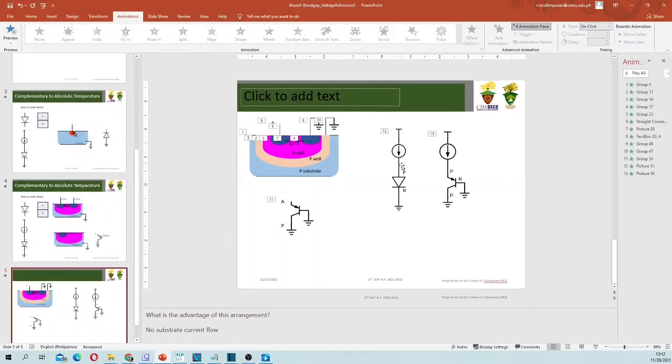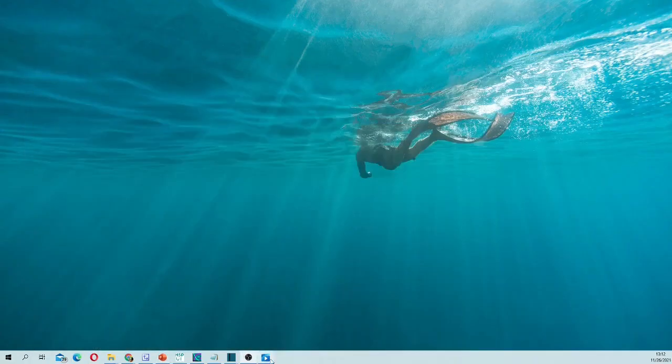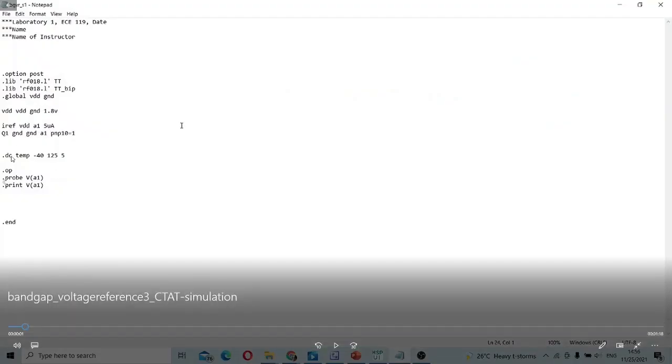So, we have VDD and A1. This is our A1. And then I have the BJT, the emitter, collector, and the base. And then the area, PNP10. So, I have a multiple of 1.